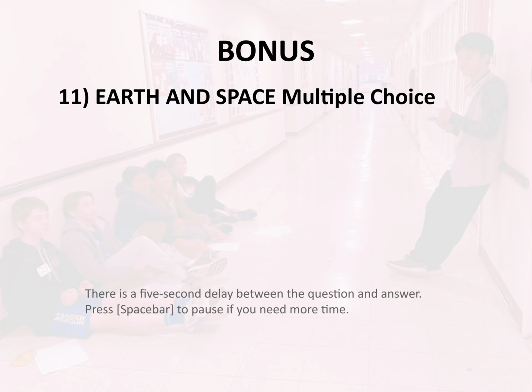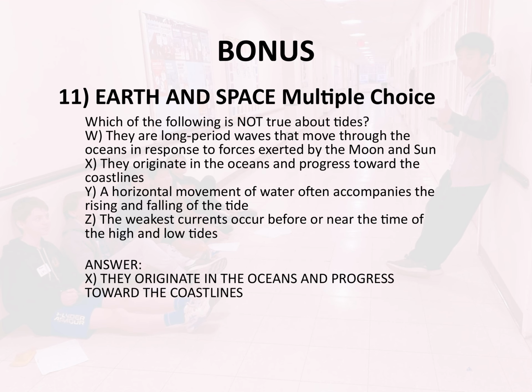Y. A horizontal movement of water often accompanies the rising and falling of the tide. Z. The weakest currents occur before or near the time of the high and low tides. Answer, X. They originate in the oceans and progress toward the coastlines.